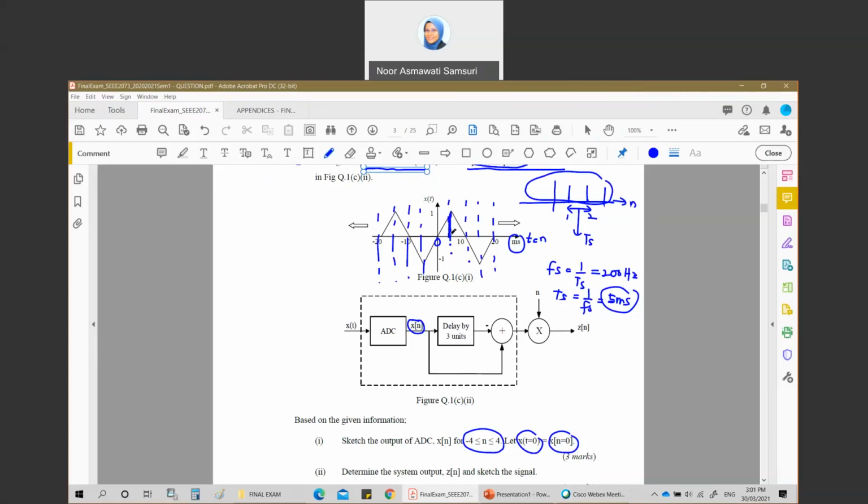So it will follow the same shape or magnitude of your analog signal. So this is when n equal to 1, right? This is when n equal to 2, right? Same goes to the negative. This is when n equal to -1. So magnitude be this, right? n equal to -2, n equal to -3, and then n equal to -4.